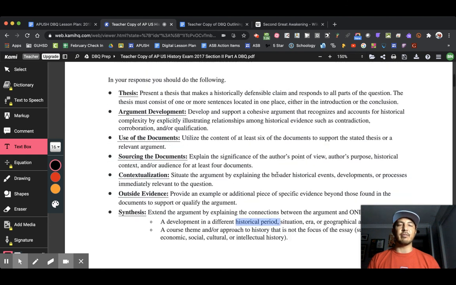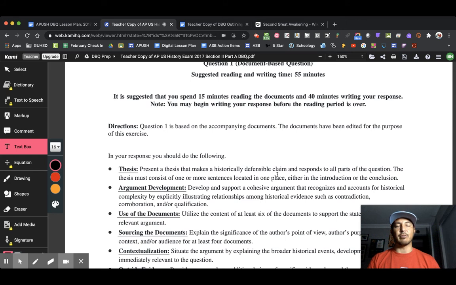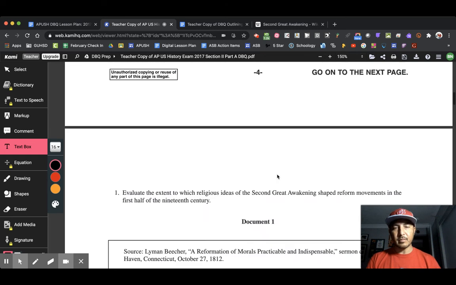These types of skills are not actually tested anymore. The reason I still use the 2017 DBQ is because College Board releases very few of the actual free response questions, and these are the most recent ones. So I want to use the most recent ones to get an idea of what the test is going to be like. Although it's not perfect, it's better than a lot of the other ones that we have out there.